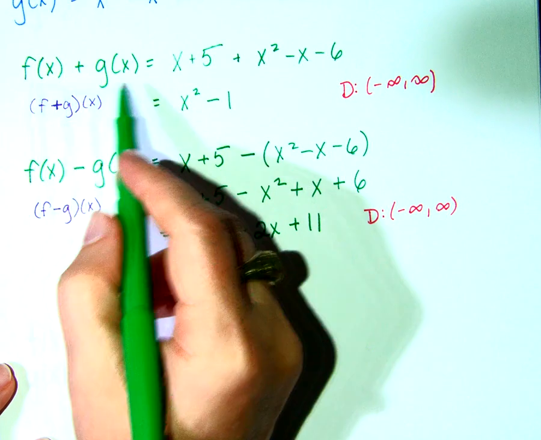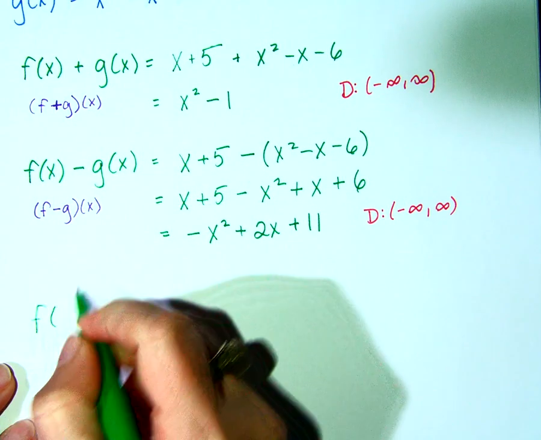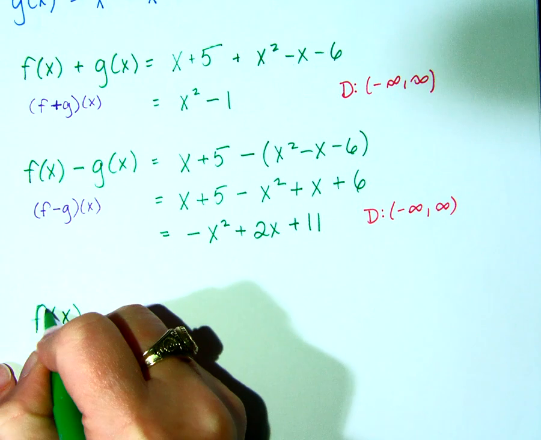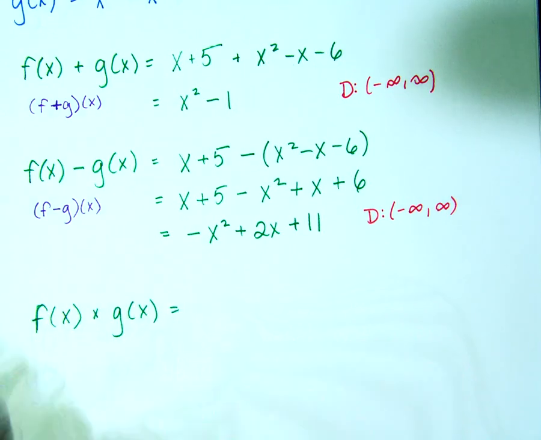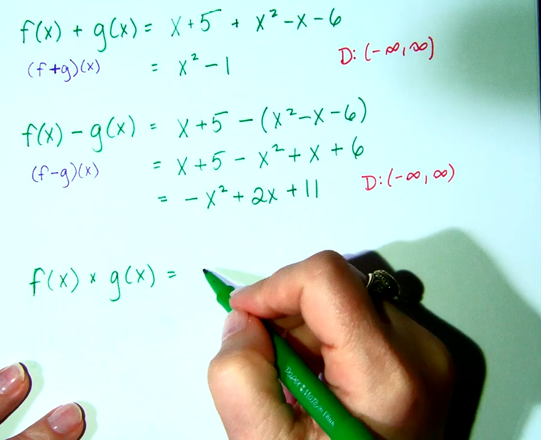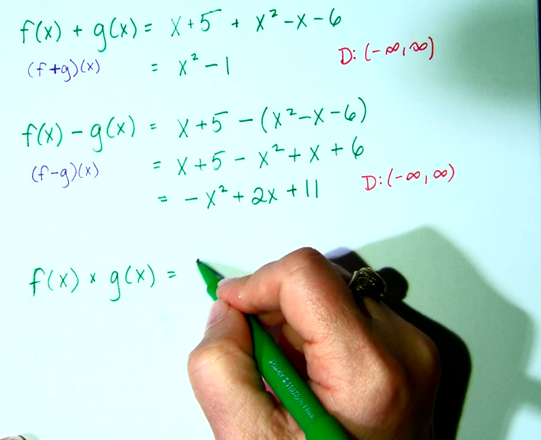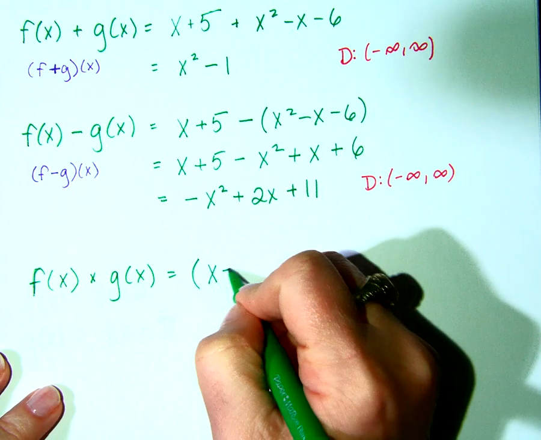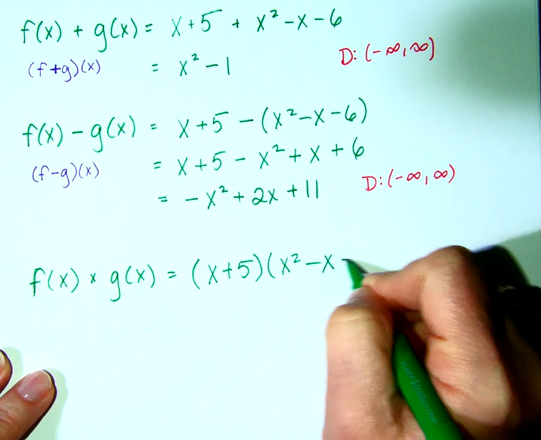So we did adding and subtracting. What's next? So f of x times g of x. What do we have to add from the beginning this time? Parentheses, right? X plus 5, x squared minus x minus 6.